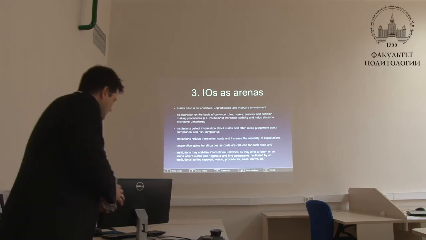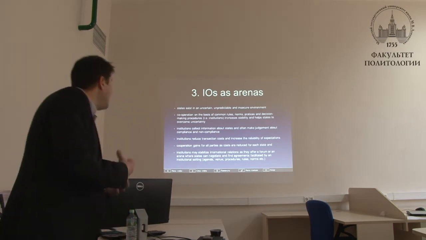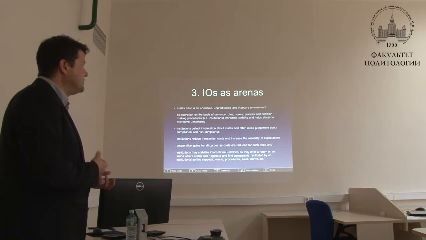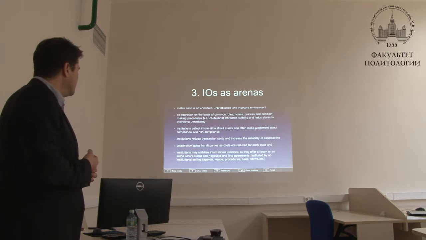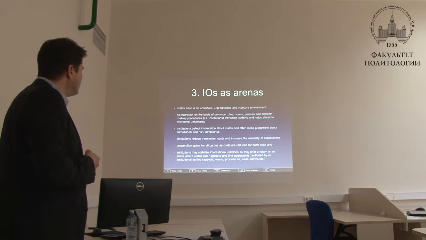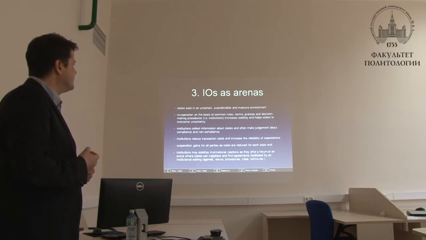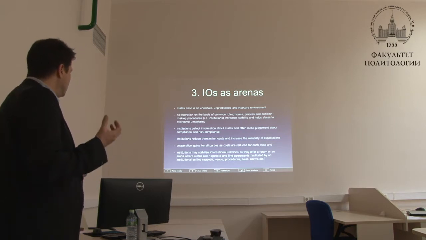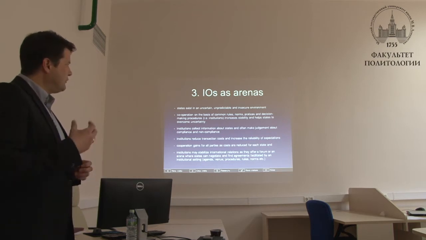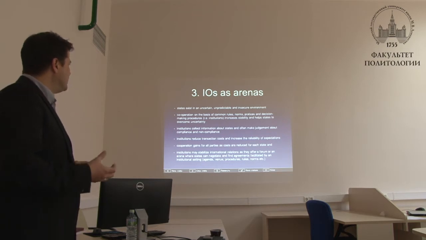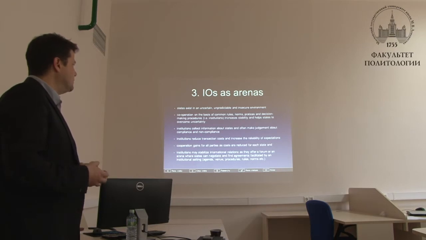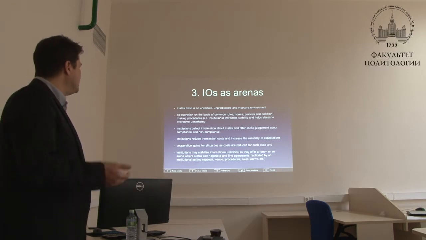And this leads to cooperation gains for all parties, as costs are reduced for each state that is part of an international institution. In the long run, therefore, institutions may stabilize international relations as they offer a forum or an arena where states can negotiate and find agreements, facilitated by an institutional setting, which is something like the agenda, the venue, the procedures, the rules, the norms, etc.